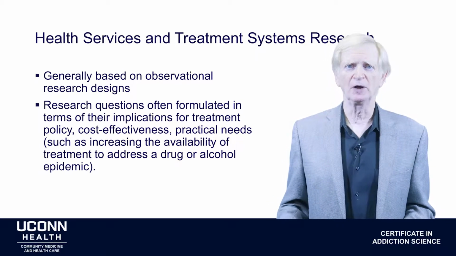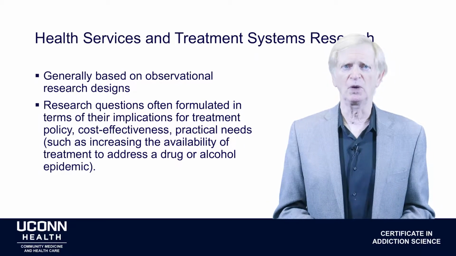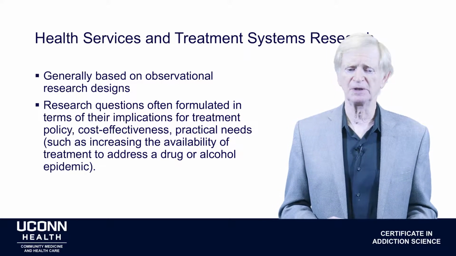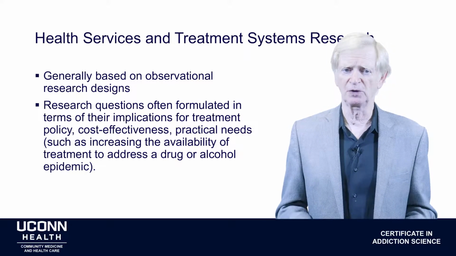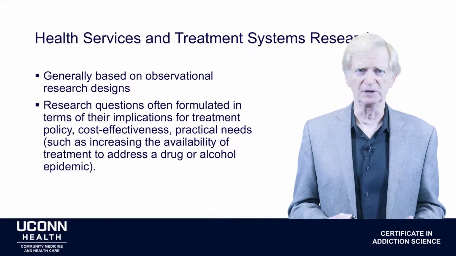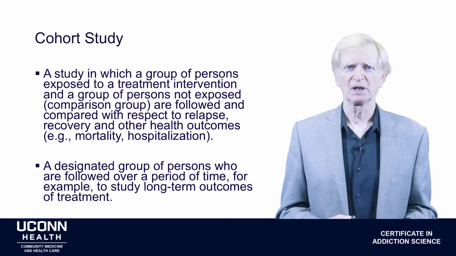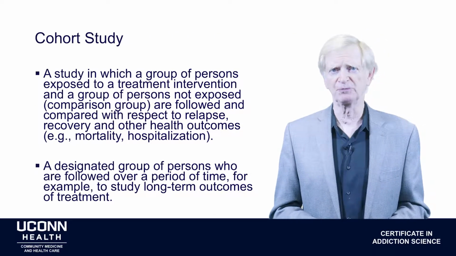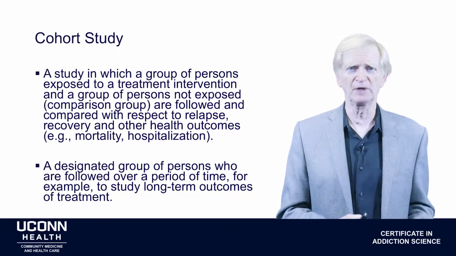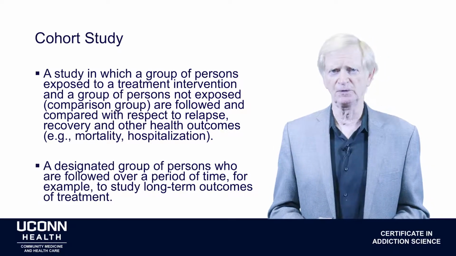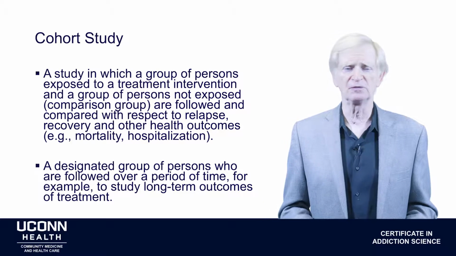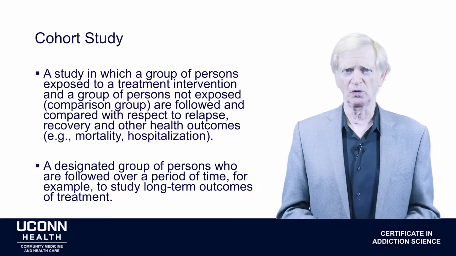And one key way to study people who are exposed to different types of treatment is in a cohort study. This is a study in which a group of people are exposed to one intervention and compared to a group of people who receive no intervention or a comparison intervention.